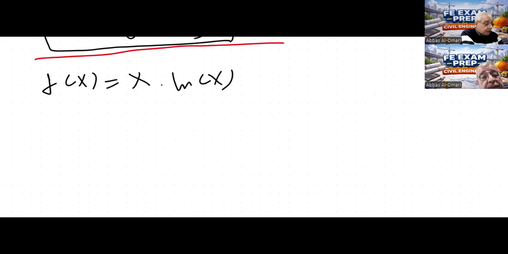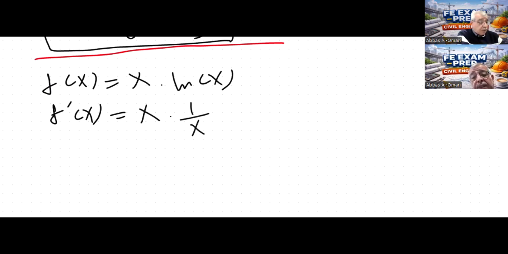So f prime of x, the first derivative, is x times the derivative of ln x, which is 1/x, plus the derivative of x, which is 1, multiplied by the second function, ln x. So the first derivative equals 1 plus ln x.